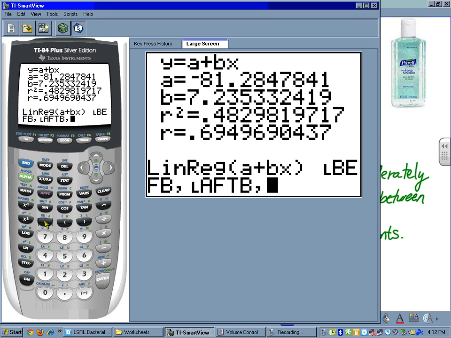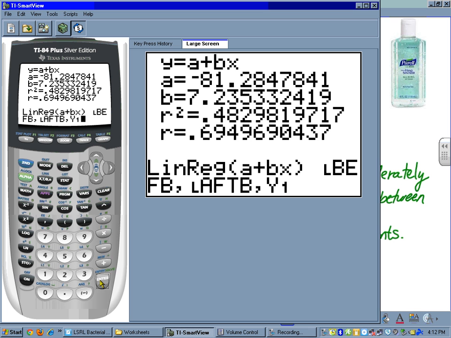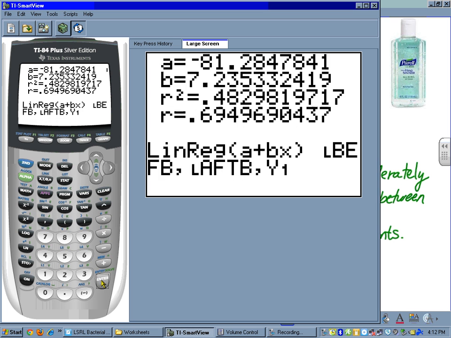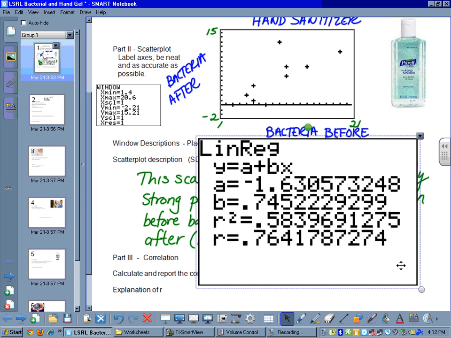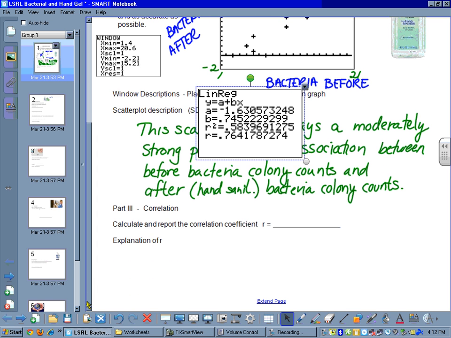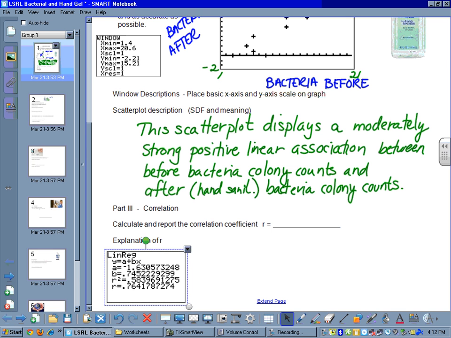I'm going to use my secretary, which we have named Beth, to stick the equation line in my y equals editor for me, so it will appear on the screen. Press enter, and if my r and r squared are showing, then my catalog diagnostic tools are on. So this r is 0.76. And according to the scale we've been using, that's pretty good. So I get an r of 0.76 if I round properly, 0.764.